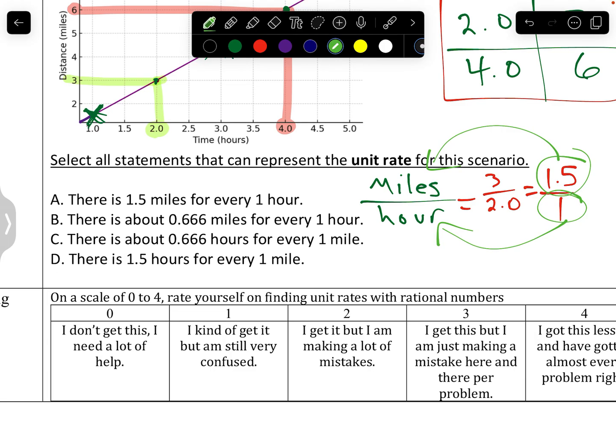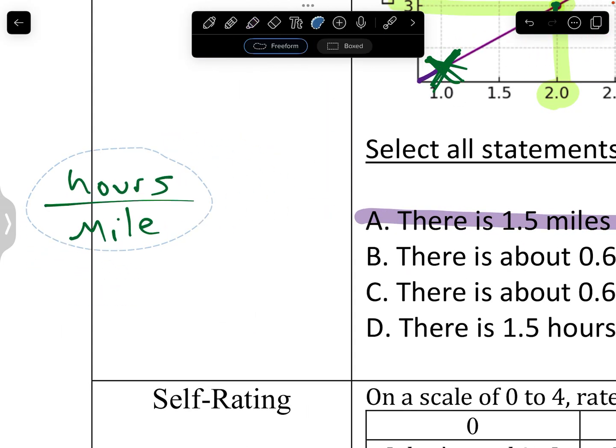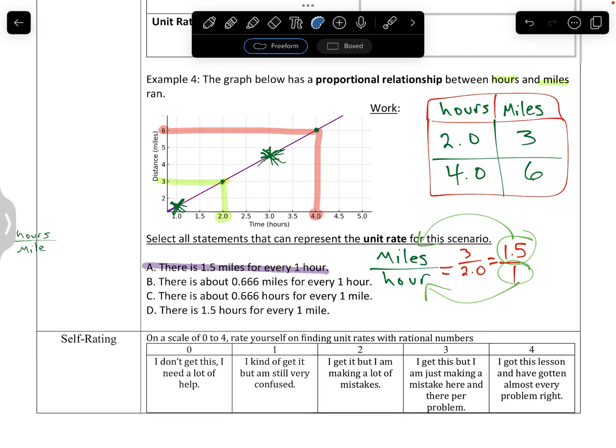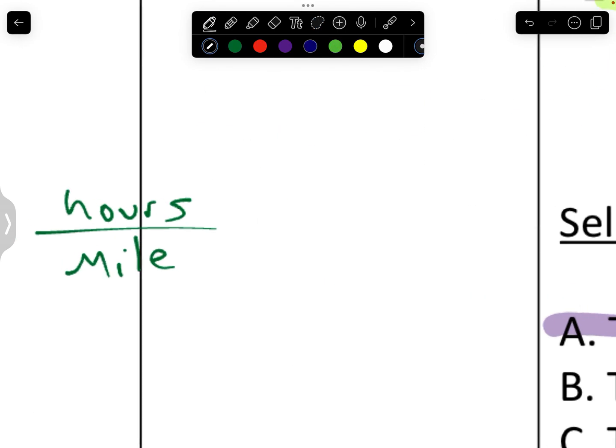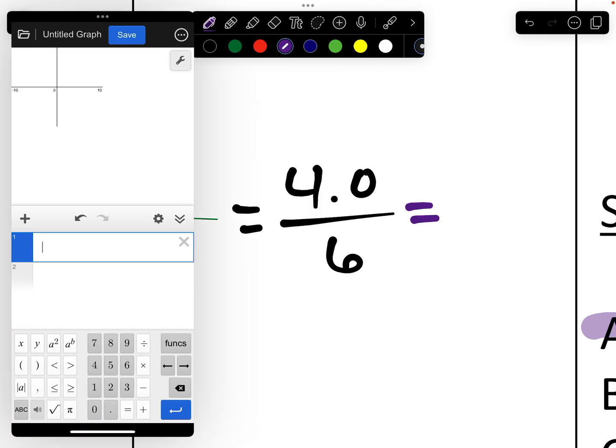Well, which one says 1.5 miles every 1 hour? But again, that's not the only thing. We've also got hours over miles. So if I go over there, let's use the other one. Let's do 4.0 hours over 6 miles. Okay, well, 4.0 divided by 6.